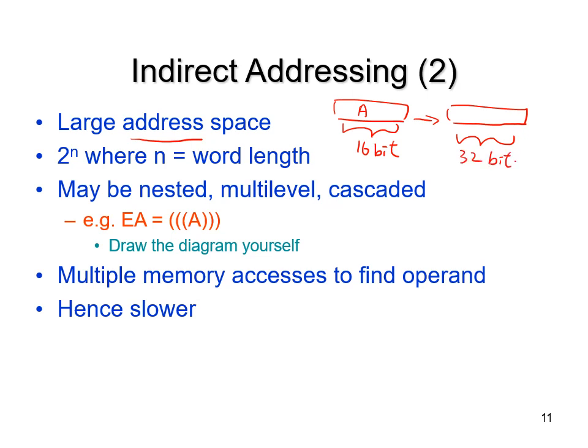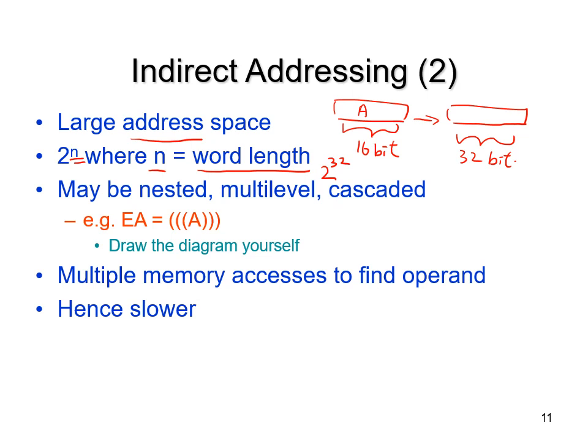That means it can cover a larger memory space. So the calculation can be specified by 2 to the power n, where n is your word length. If n is 32 bits, that means you can access memory addresses up to 2 to the power 32.